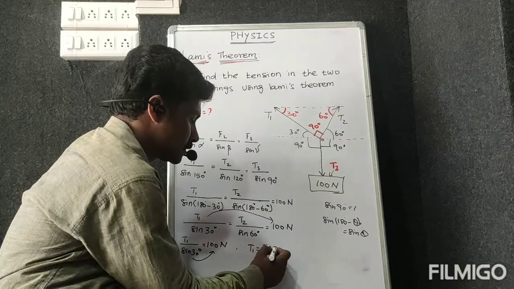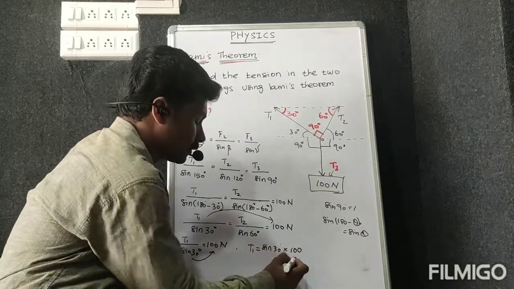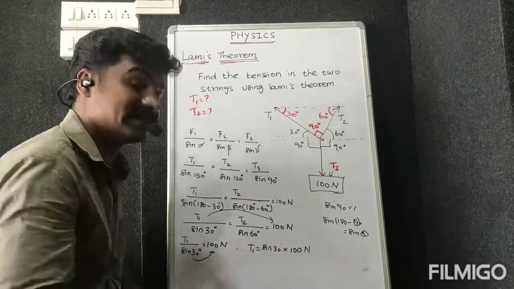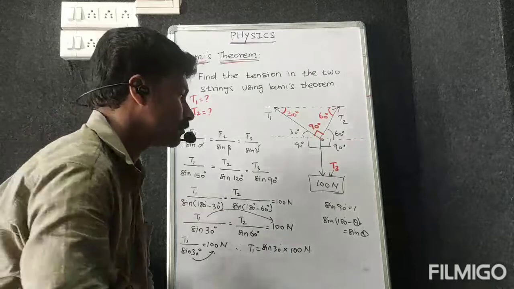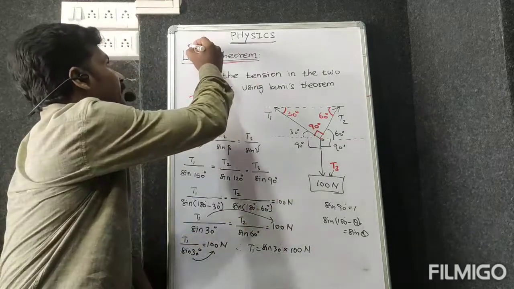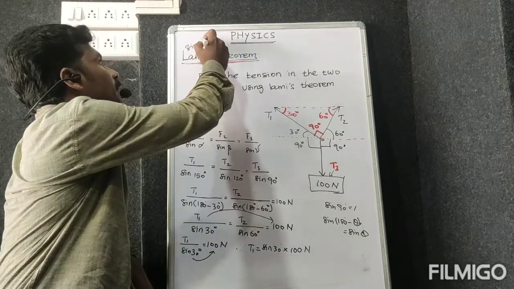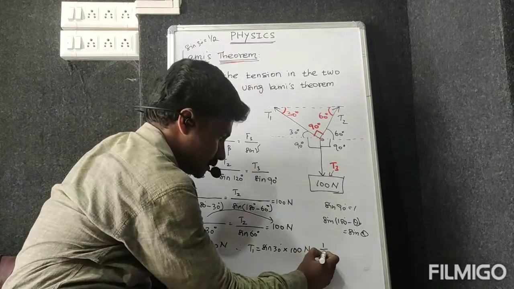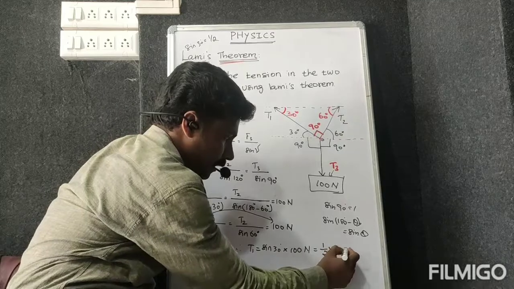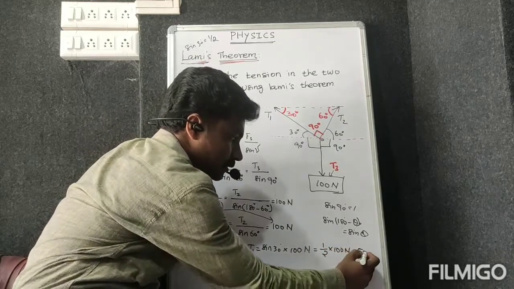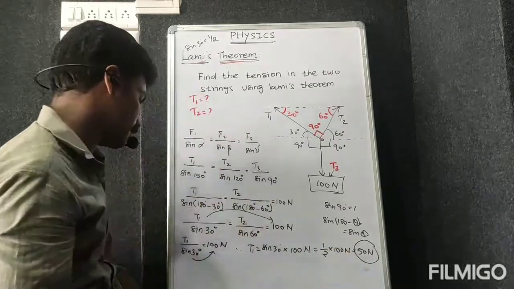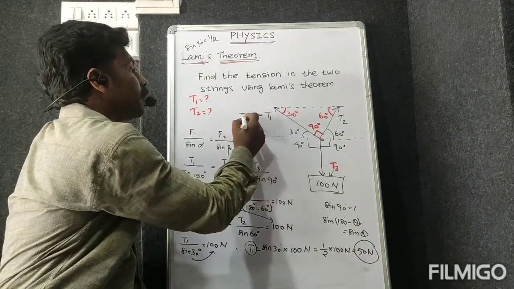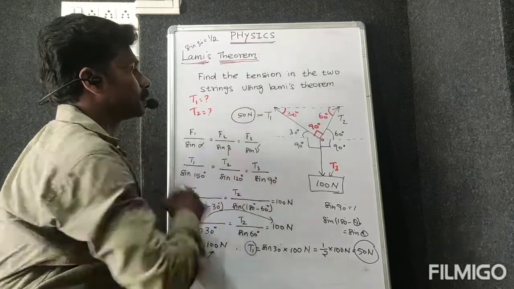Sin 30 degrees is equal to 1 by 2. So I can write 1 by 2 into 100 Newton. So the first answer is 50 Newton. Now I found the T1 value is 50 Newton.